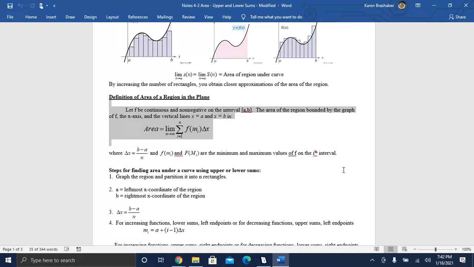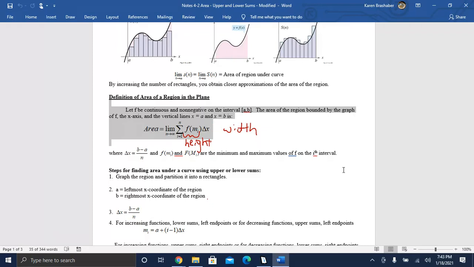And so the f of m_i will be the length, only I'm going to call it the height. And this delta x will be the width. And hopefully, as we go through the lesson, you'll be able to see what I'm talking about with those two symbols.